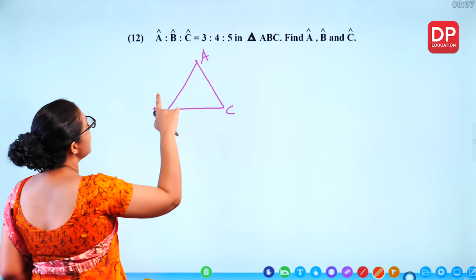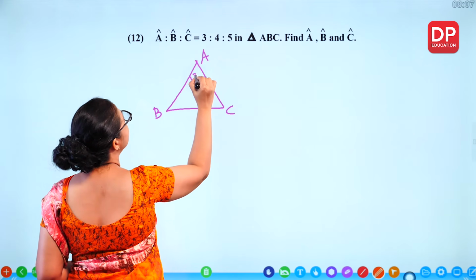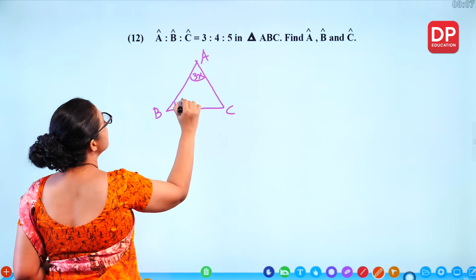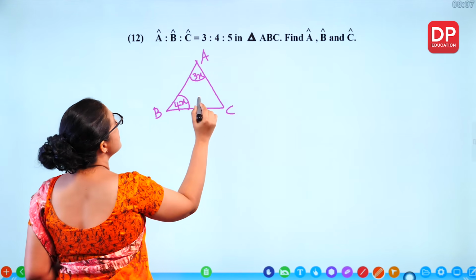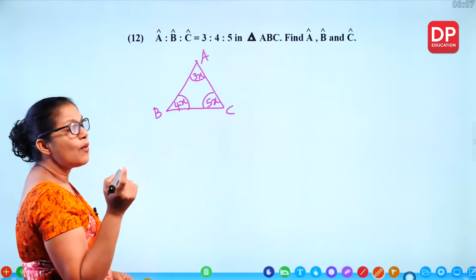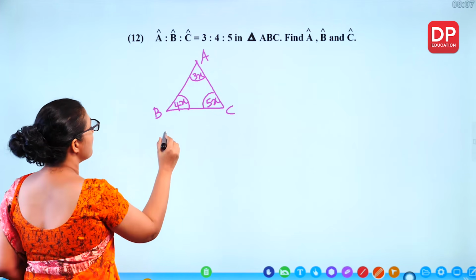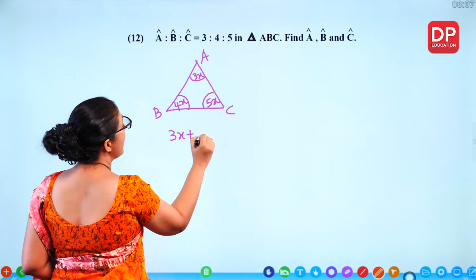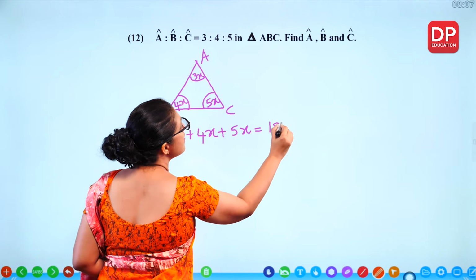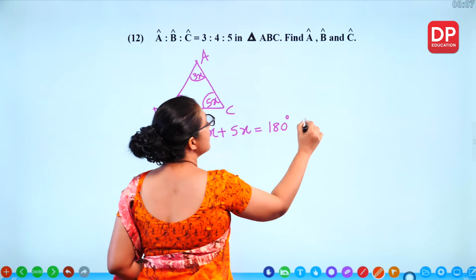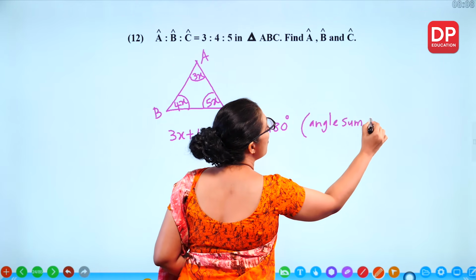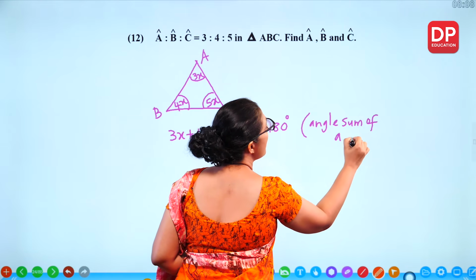So we can take A is 3x, B is 4x and C is 5x. Now we can use the sum. 3x plus 4x plus 5x is 180, the angle sum of a triangle.